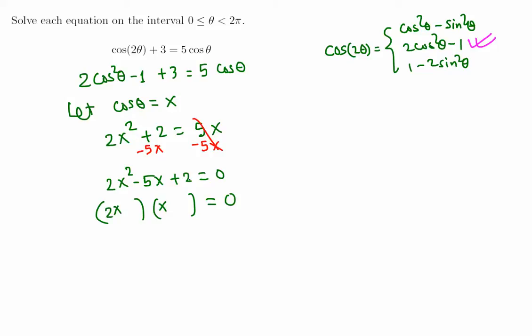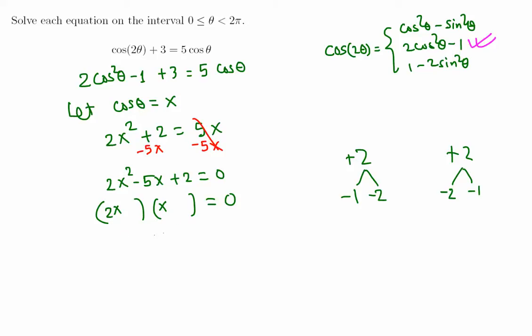Now plus 2, so we need to find two factors, and plus 2 means both are negatives. Negative times negative will be positive and we'll get minus 5. Negative 1 times negative 2 or negative 2 times negative 1. And when we multiply we have to get 5.